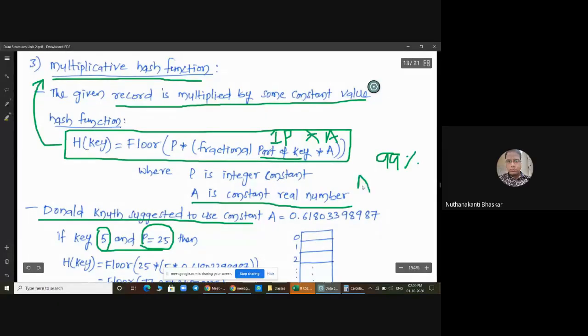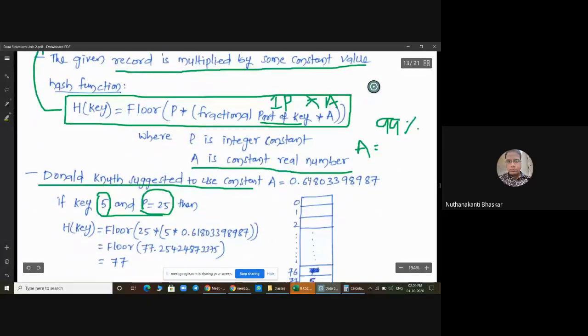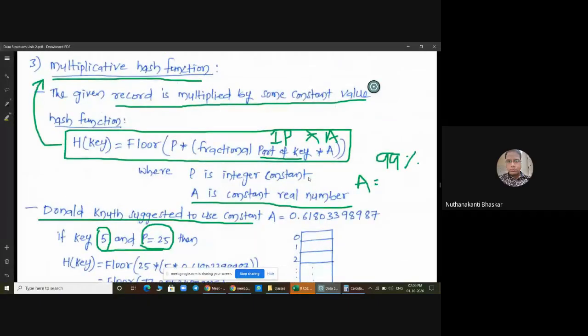A equals a real number. What is the meaning of real number? Can anyone tell? What is a real number?